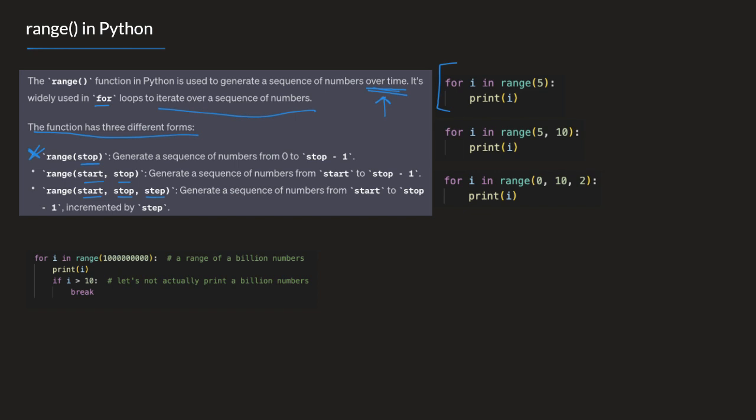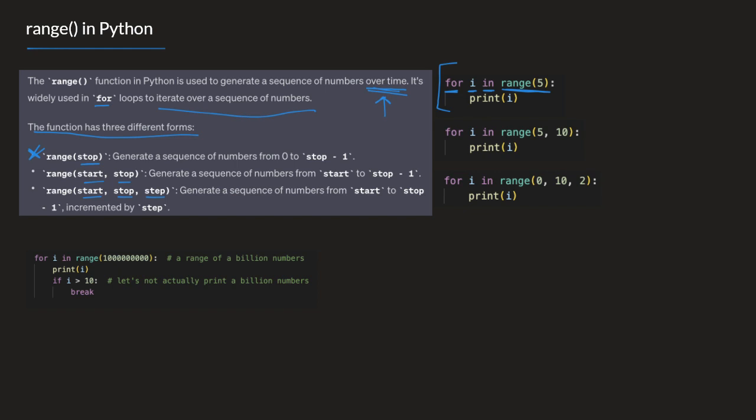So: for i in range(5). In a for loop in Python, the variable after the for keyword, which is i, takes on each successive value from the sequence that follows the in keyword. And that sequence is given to us by range(5).